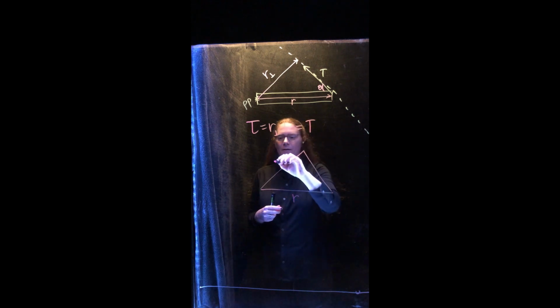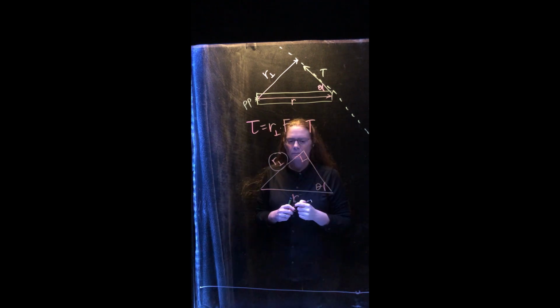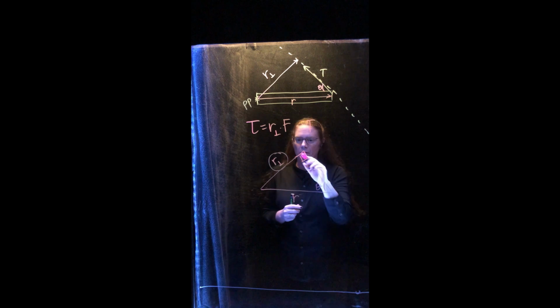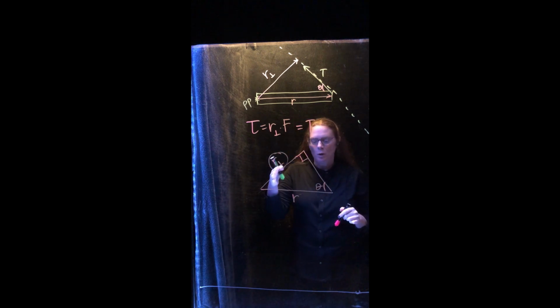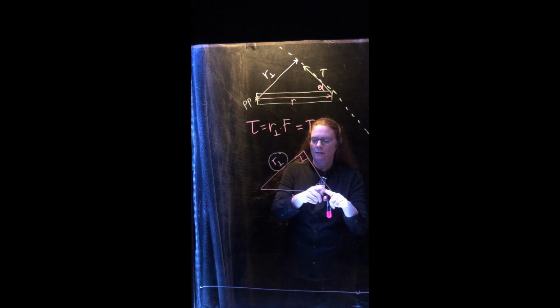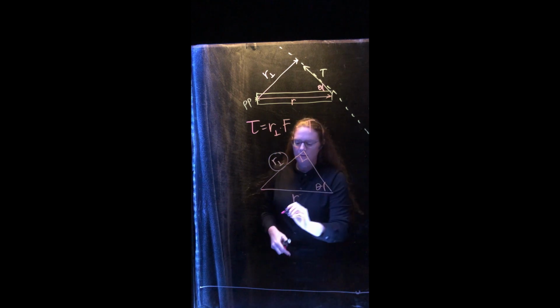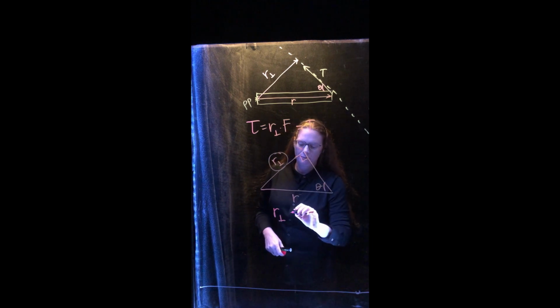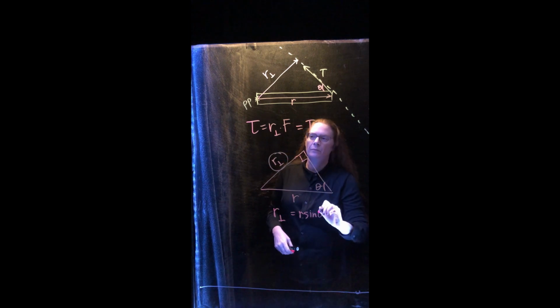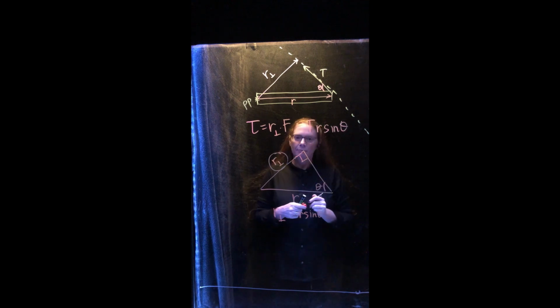So that's R, this is R perpendicular, which is the piece that I want, and this is my theta, and that's my 90 degrees. Which component of R is this perpendicular piece? Here's my angle, here's my hypotenuse, and this is opposite to the angle, so the perpendicular component of R is R sine theta, which means T R sine theta. Same thing as before.